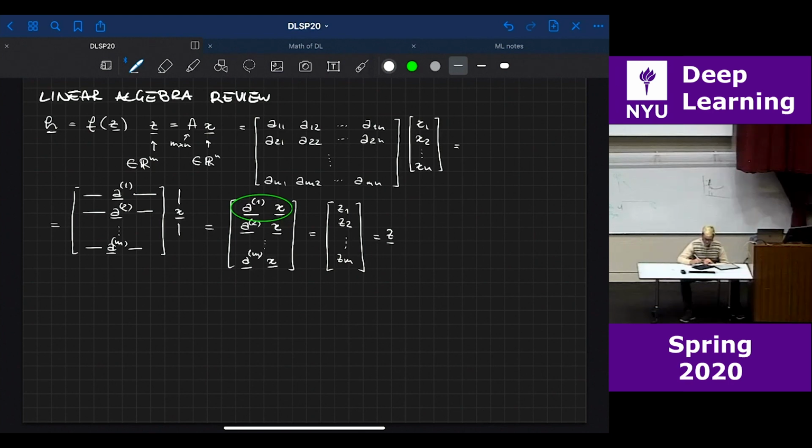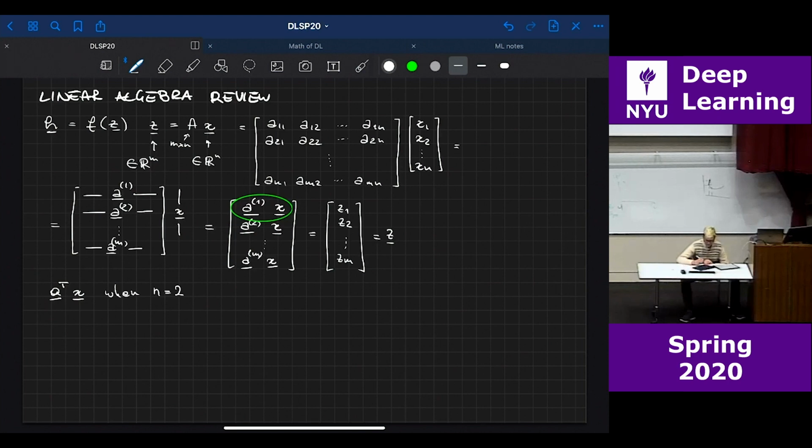Okay, so let's analyze one of these here. I'd like to figure out what is the meaning of writing A^T times X. My A^T is going to be my generic a_i, so let's assume in this case n equals 2.